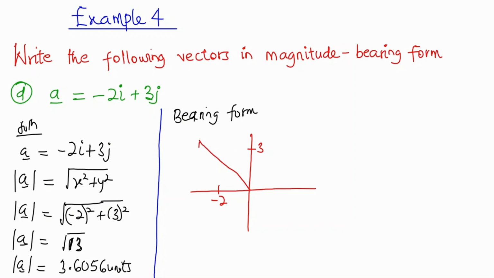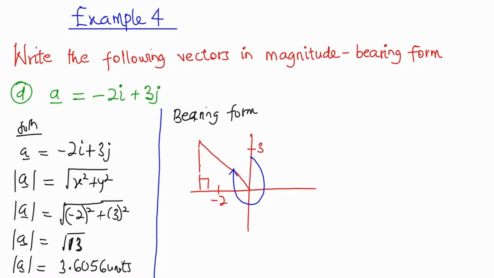So we can close this side of it, and you can see there's a 90 degrees angle from here. So the bearing of this vector starts from the positive y-axis to where the vector is, and this becomes the bearing of it.